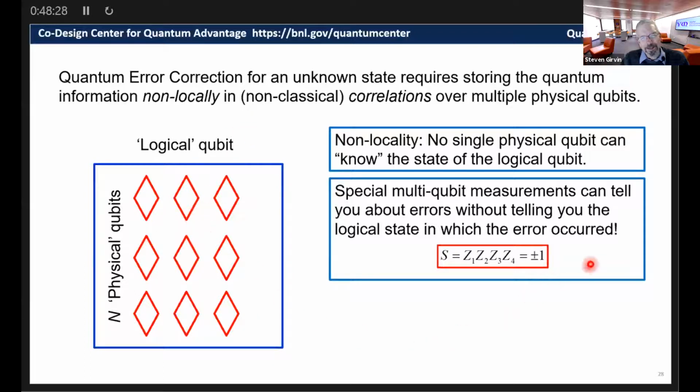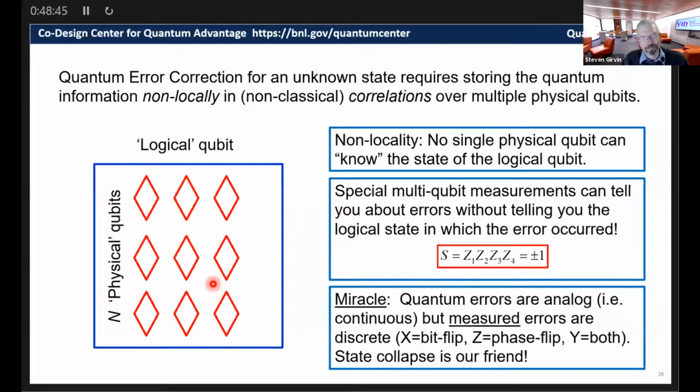So you have to be able to make special multi-qubit correlation measurements in order to figure out what error has occurred without learning anything about what logical state the error occurred in. And this seems very hard because remember, the errors are analog, they're continuous.